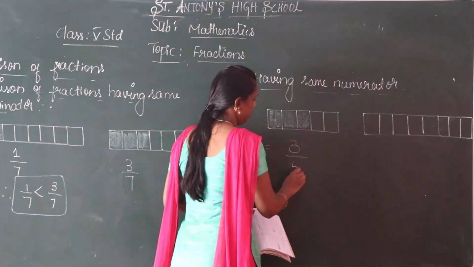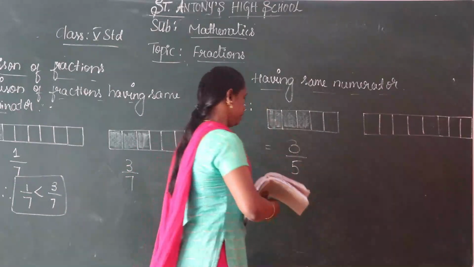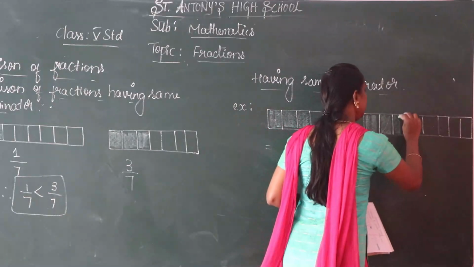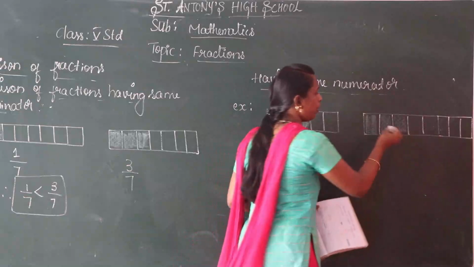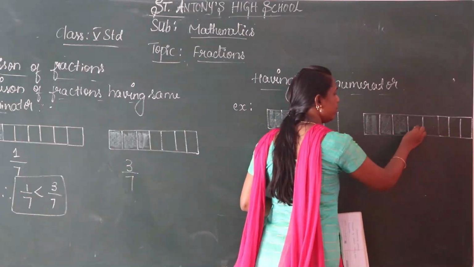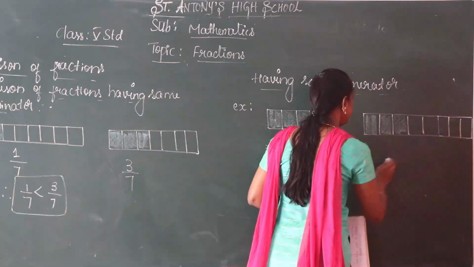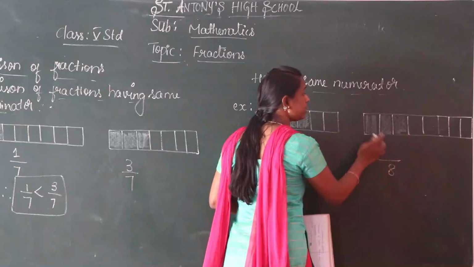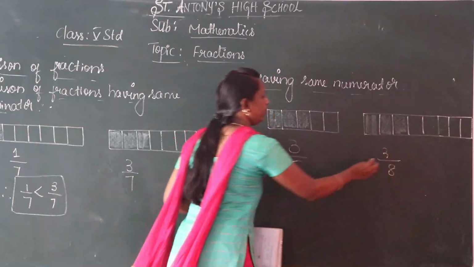Same numerator means only 3 boxes are shaded. Here how many boxes are there? Total number of boxes: 1, 2, 3, 4, 5, 6, 7, 8. So write 8 in the denominator place and 3 in the numerator place.